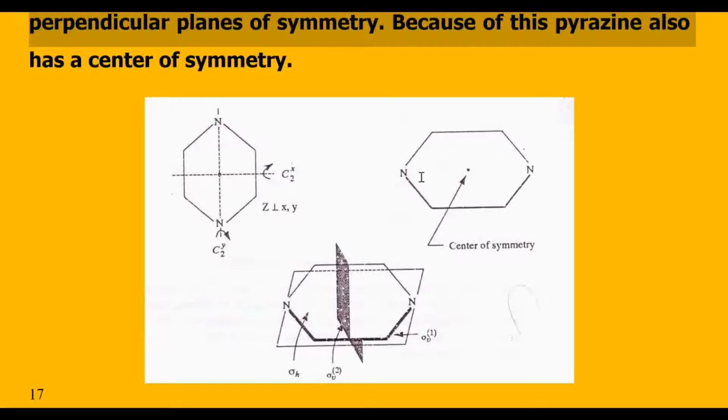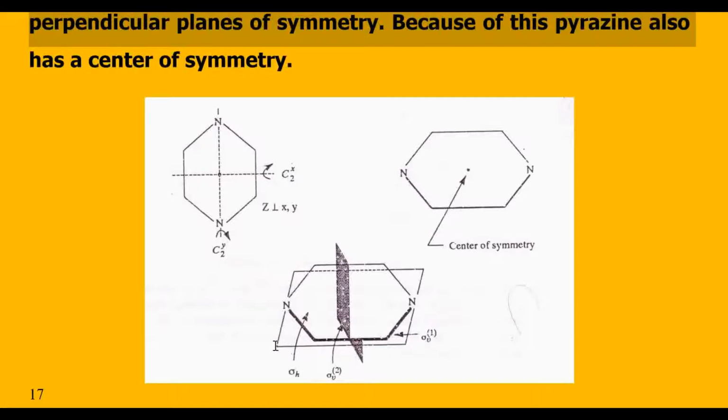Center of symmetry means if you perform a rotation of 180 degrees and then you reflect the molecule in a plane perpendicular to the axis of rotation, and if the appearance remains the same, then the molecule is said to possess a center of symmetry. The molecule is planar, therefore the plane of the molecule itself is a sigma v. Then you can divide the molecule into two equal parts like this, shown by the slightly dark lines. That is yet another sigma v.